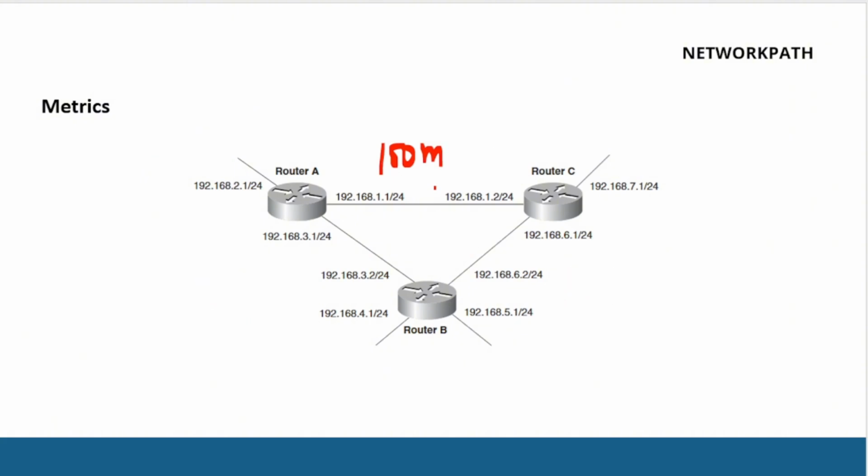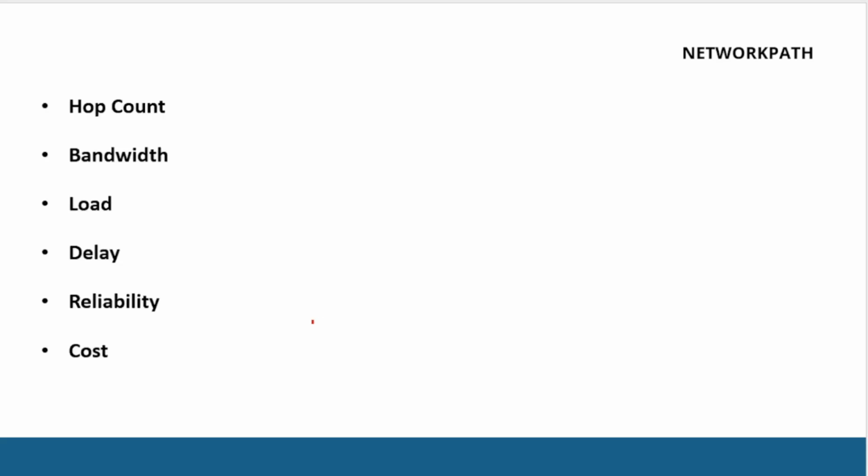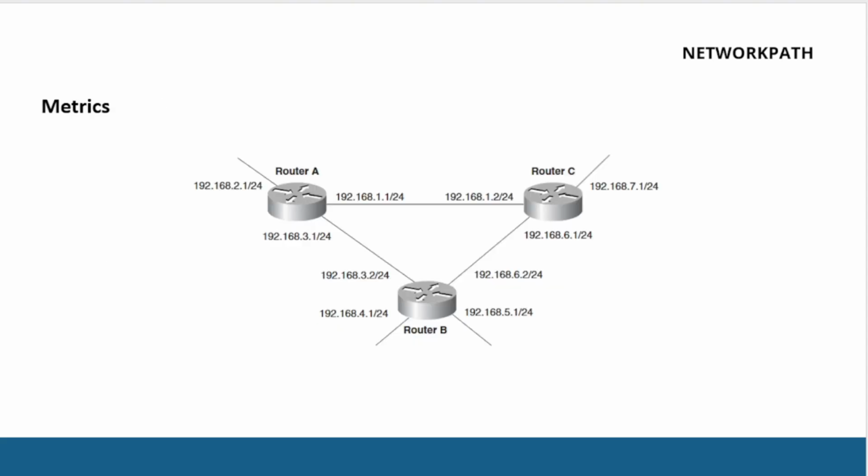But in an environment where all the links are homogeneous, let's say all links are 100 Mbps, then hop count is a good metric. The second metric here is bandwidth. In this case, a bandwidth metric would choose a higher bandwidth path over a lower bandwidth link.